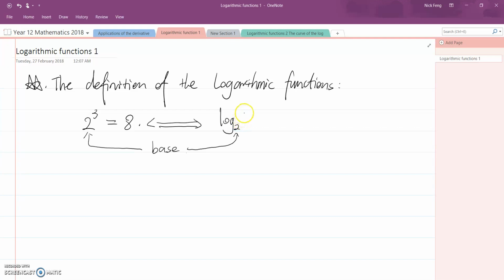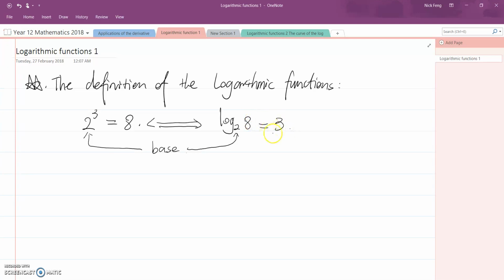However, what we're trying to say is 2 to the power of something equals 8. In other words, I'm looking for the power such that 2 to the power of that number equals the middle number in here, 8. So that will give you 3.